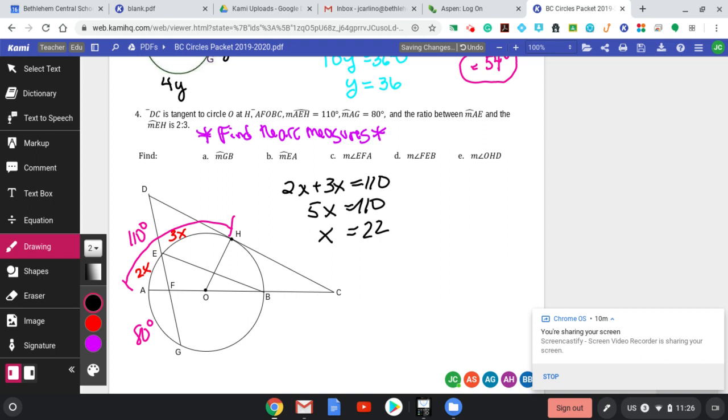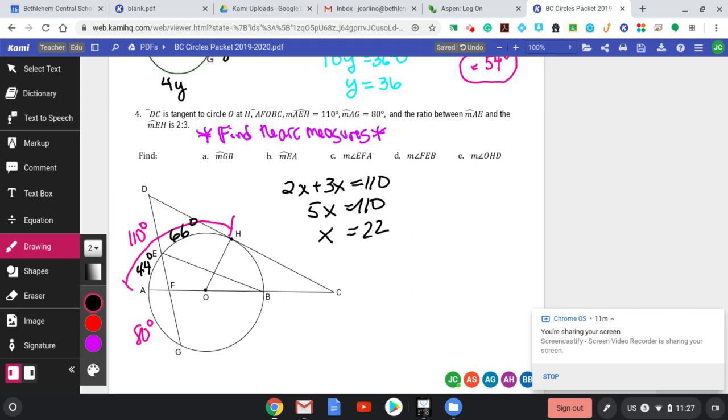All right, x is 22. So if I go back and plug it back in, 2 times 22, that's why it's nice to do these in pencil if you have it. That's going to be 44 degrees. 3 times 22, that one's going to become 66 degrees. So I have those two arcs.